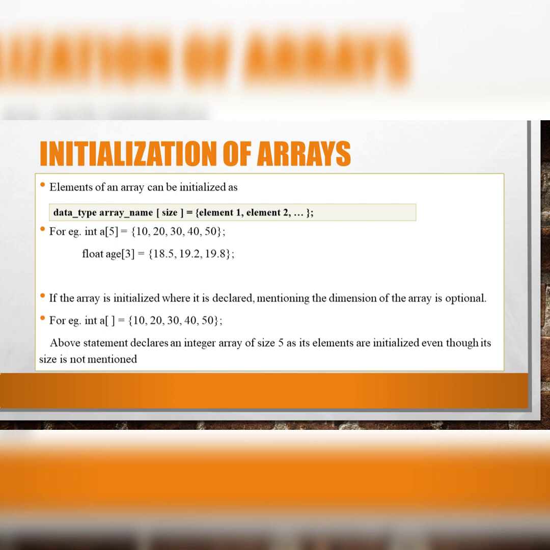One important point to note here is if an array is initialized at the time of its declaration, then mentioning the dimension is optional. As shown below in the example, even if the dimension is not mentioned, an integer array of size 5 would get declared as 5 different values are assigned as its elements.